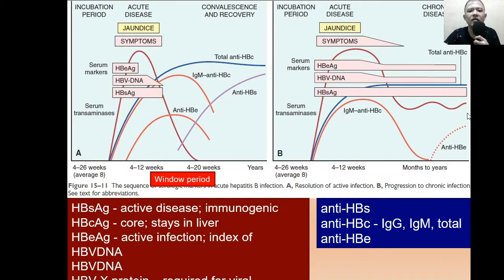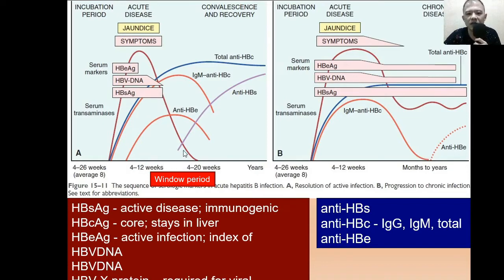So what's nice about the pattern of the rise and fall of hepatitis B antigens and the antibodies is that you don't see any antibody when there is still an antigen. So take note here, antigen, then you still have a window period where you don't see antigen or antibody to the surface antigen.